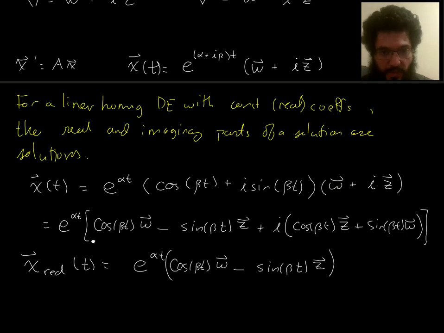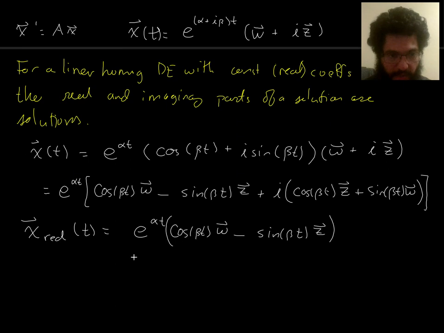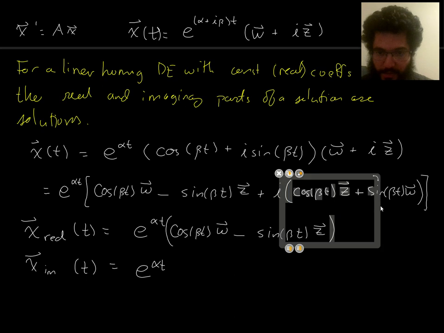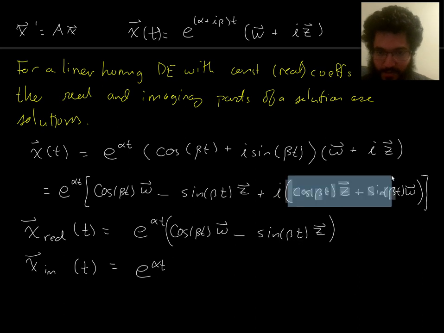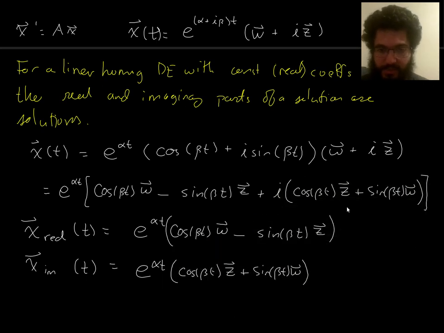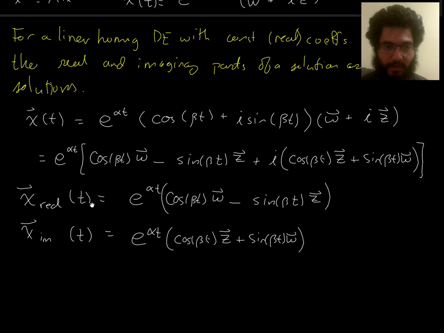And let's say x imaginary is going to be e to the alpha t times this stuff, but I'm not picking up the i, right? The imaginary part is this stuff. It's supposed to be real. This is real. It's just the stuff that has a factor of i on it in the original thing.